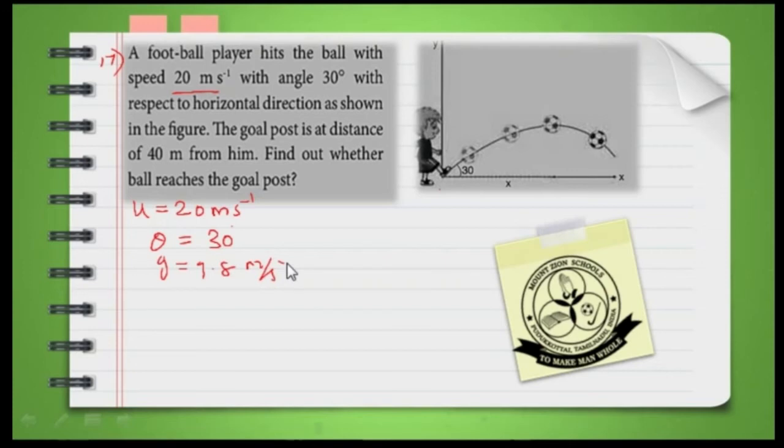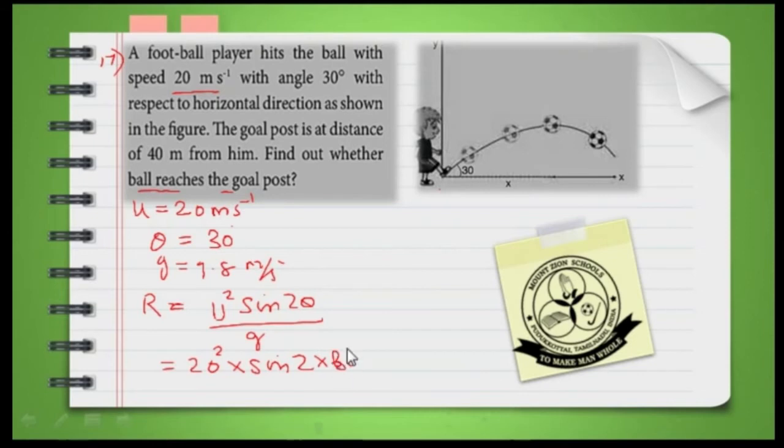We need to find out whether the ball reaches the goal post. So for that we have to find out the range, which is equal to u squared sine 2 theta by g. So substitute the values. It is 20 squared sine 2 into 30 degree.